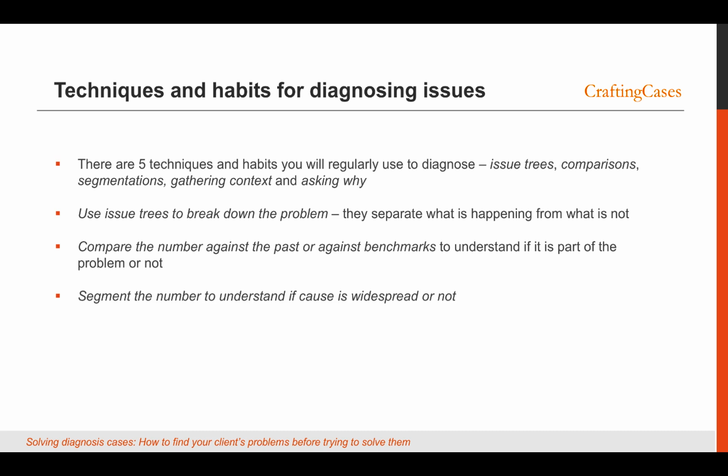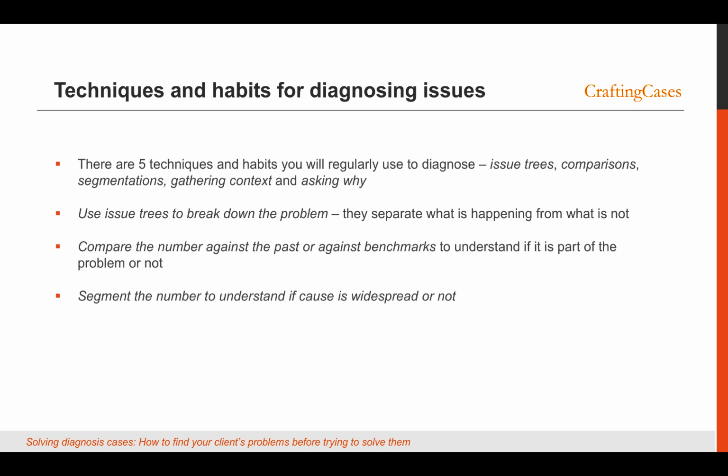Third technique, segment the number to understand if the cause is widespread or not. I didn't do that in the last case, but I could have asked if the problem comes from a certain region of the country, a certain type of store, a certain type of client. In this case, I didn't feel the need to, but I could have.